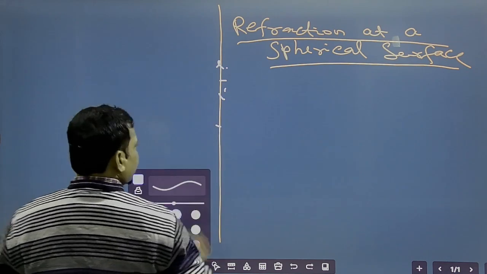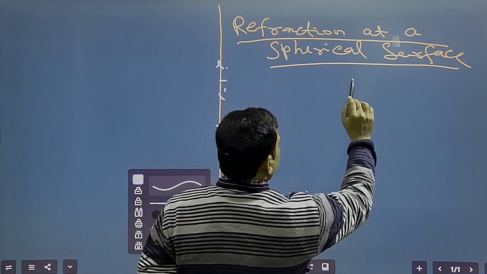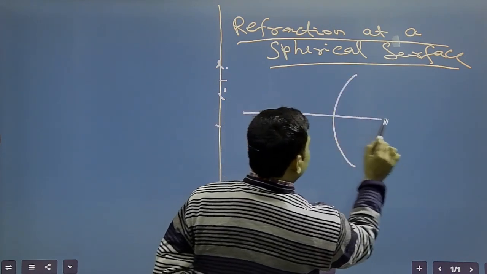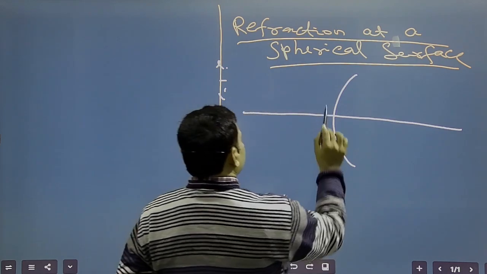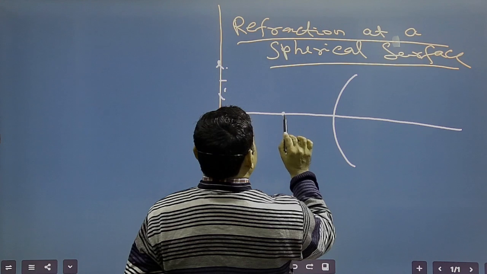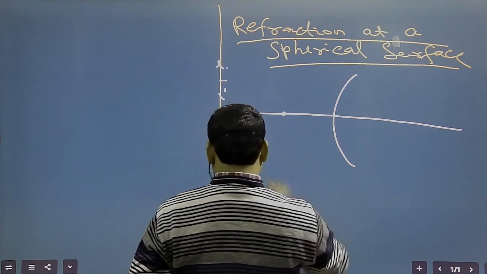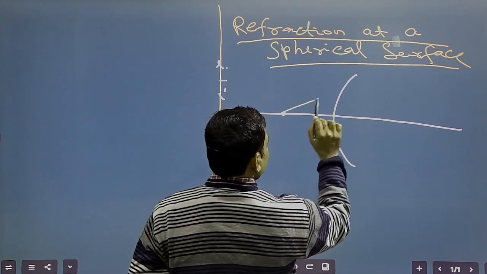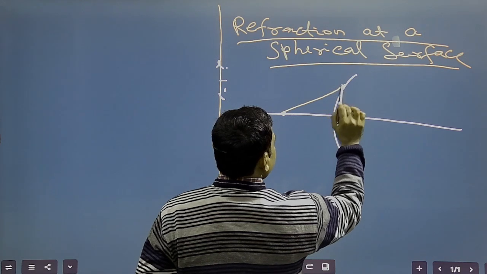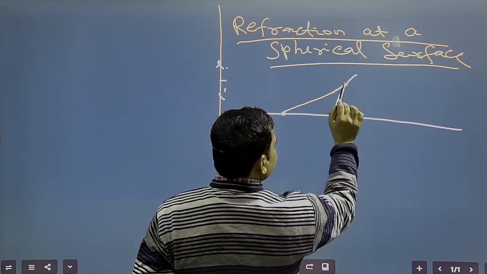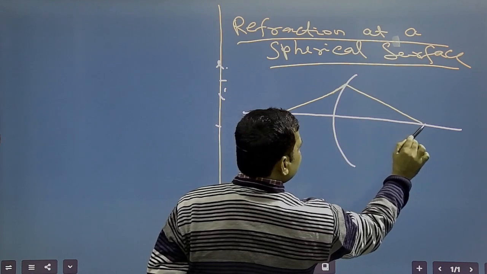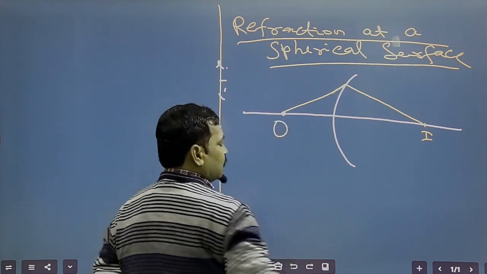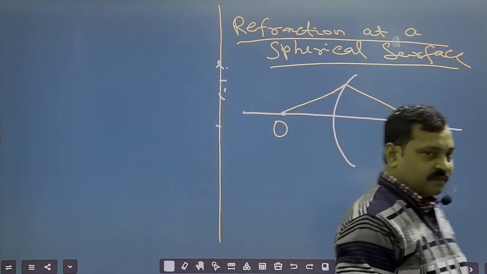So you see how we are doing. Suppose this is a convex surface, and this is your principal axis. The object is treated as a point object. If I draw the ray diagram, this is the point object. This is incident on the surface, and after getting incident, suppose this passes through this point. So this is known as your image position and this is your object position, right?